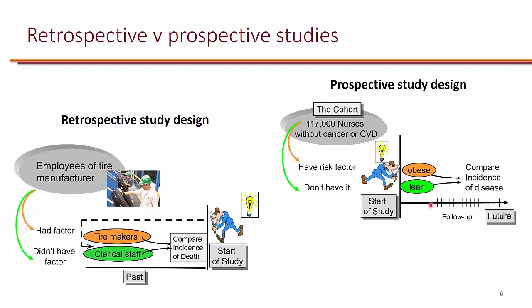This is more expensive and more difficult because you have to follow the patients over time. However, between prospective and retrospective, prospective is the better way to go, because retrospective is more susceptible to making mistakes or coming up with false conclusions. Whereas when you do a prospective study, you can design the study in order to avoid any false conclusions.